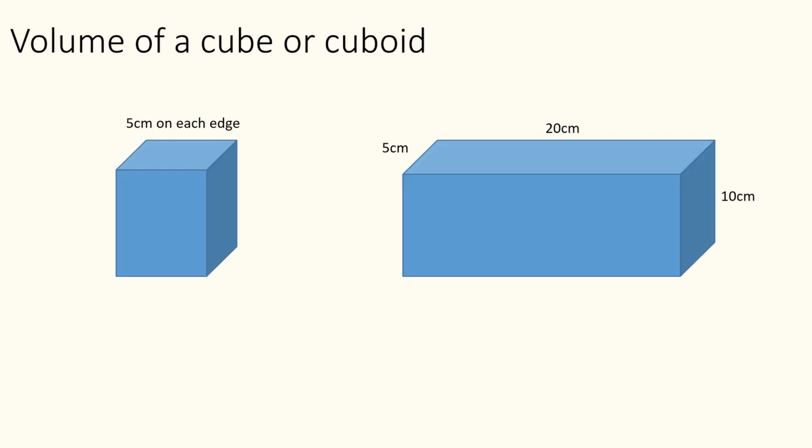Okay? And the last bit of your revision, your volume of a cube or a cuboid, your formula, length times width times depth. So we are multiplying 3 sides together. I'm actually going to do the lovely looking cuboid on the right hand side.